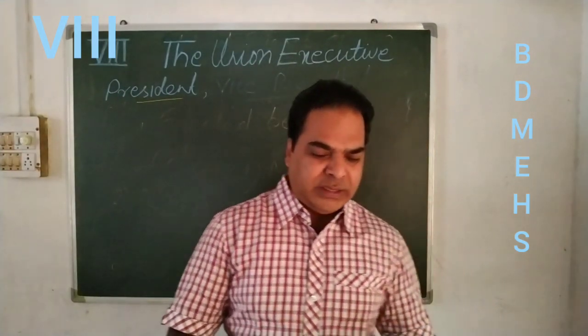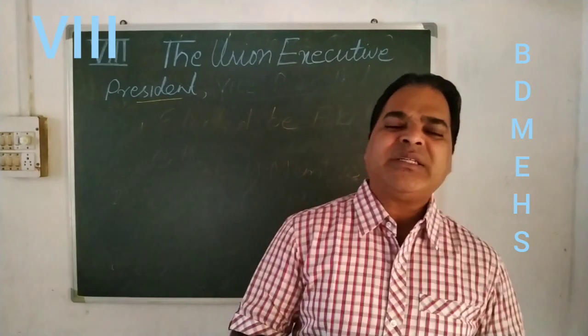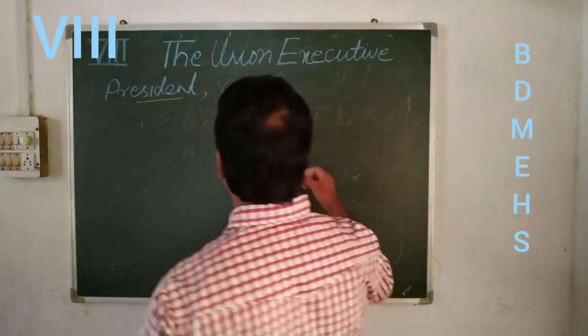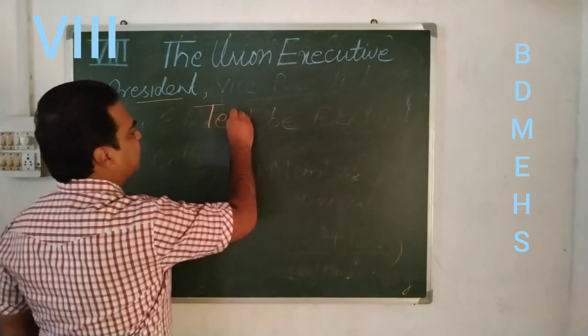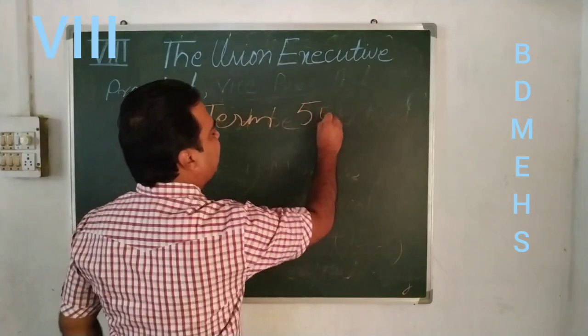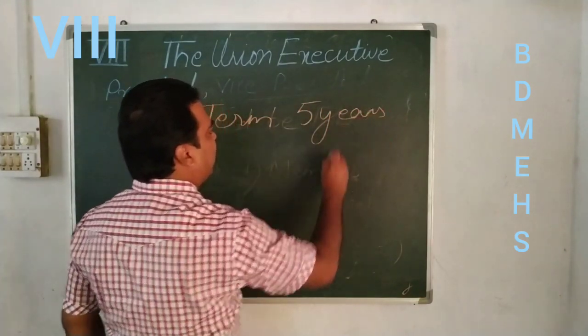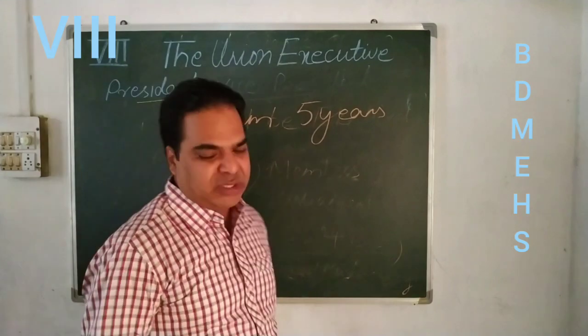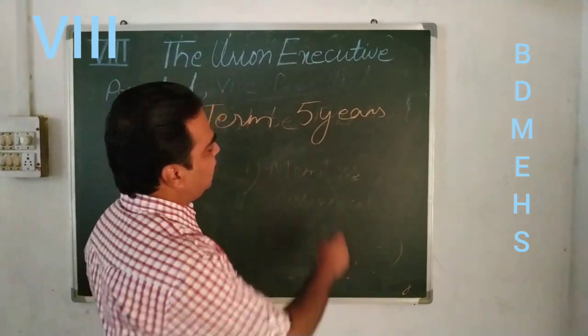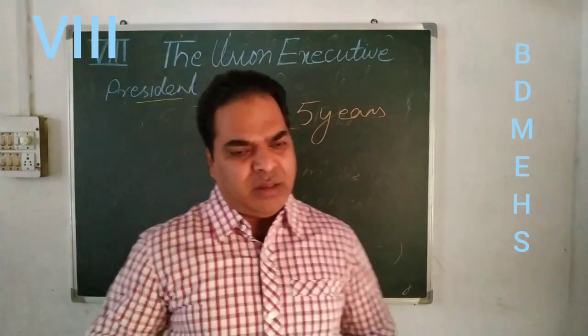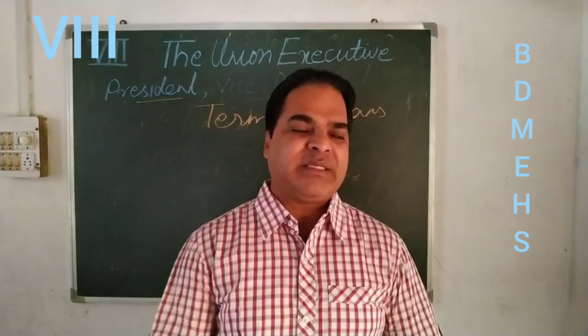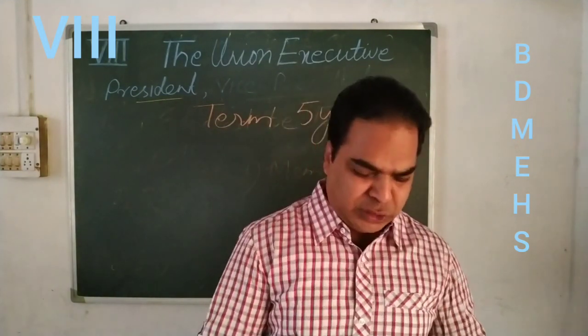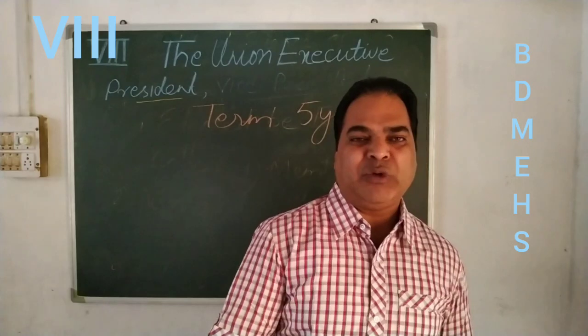Now, what is the term of the president? Very simple. The term of the president is 5 years. Once elected, the president can remain in office for 5 years. But can he be removed? Yes, if he goes against the constitution, if he violates the constitution.